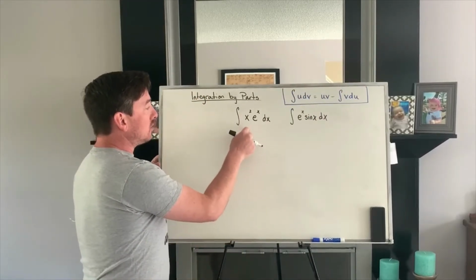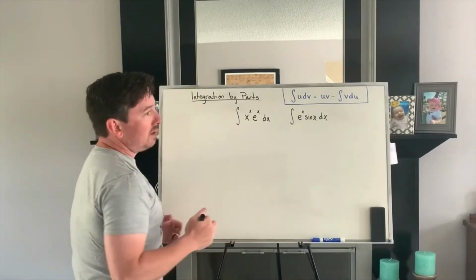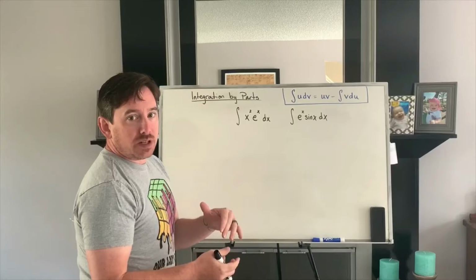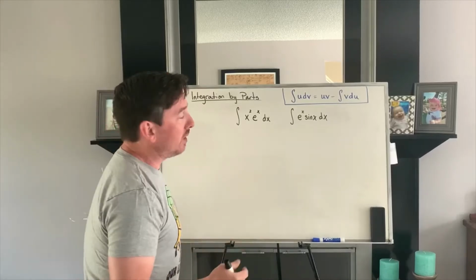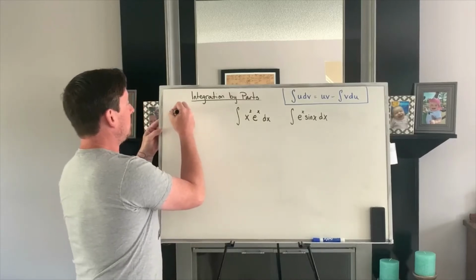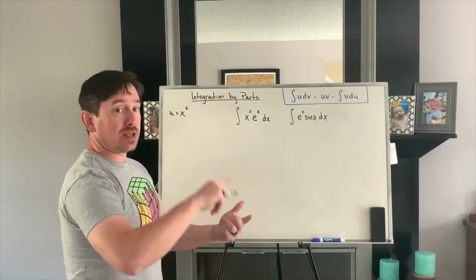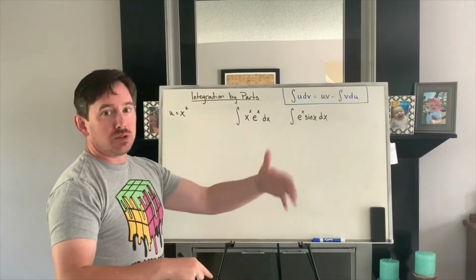All right, if we take a look at this one, our general rule of thumb again is that if we have a piece that gets simpler as we differentiate, that's probably what we want to let u equal. So I'm going to pick the x squared as my u, because if I keep differentiating it, it goes to 2x and then 2 and then 0, 0, 0. It gets simpler.